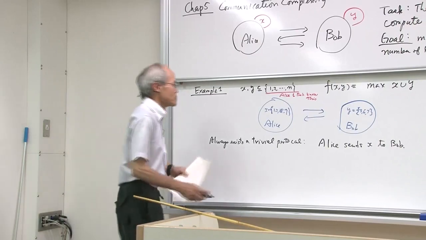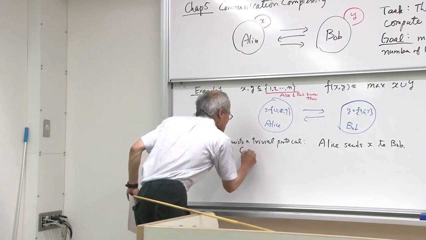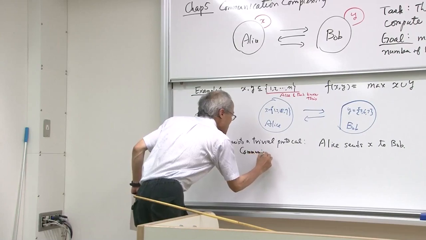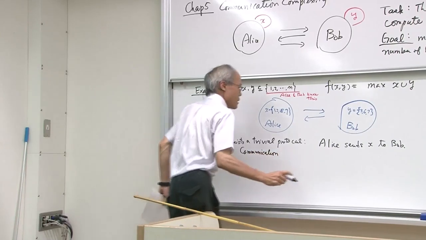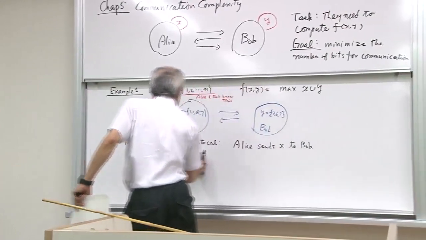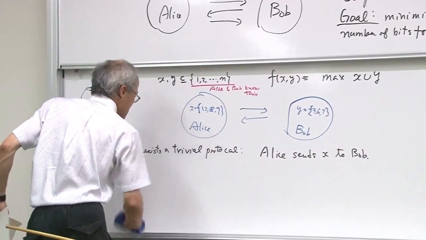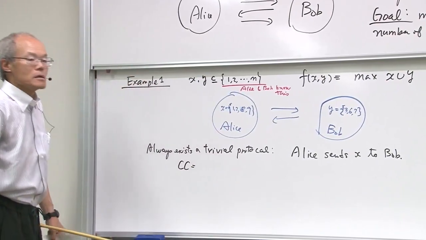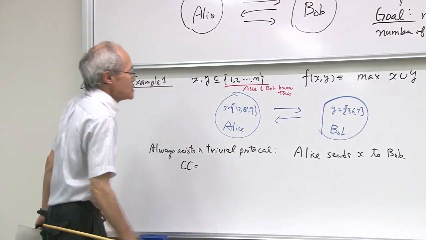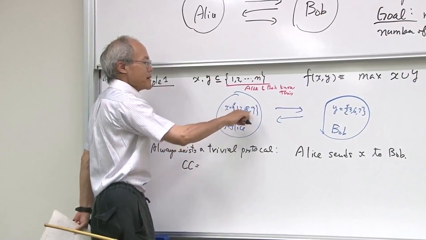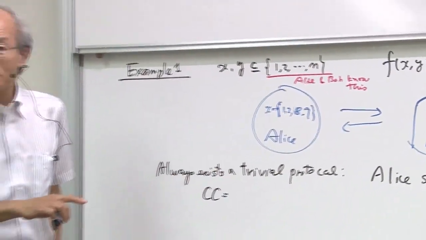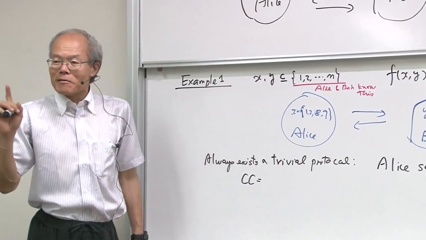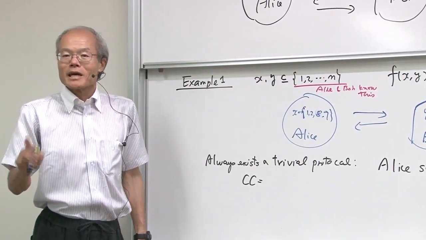Communication complexity, let's use just CC. We have at most n numbers in x, and remember that we are counting the number of bits.